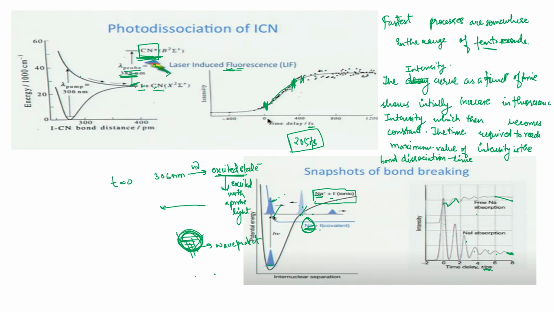First is the bonded state, and the second is the unbonded state, where the bond is broken. And with time, slowly this bond breaks, and therefore you will see that the intensity of the Na+ absorption has reduced. Okay.